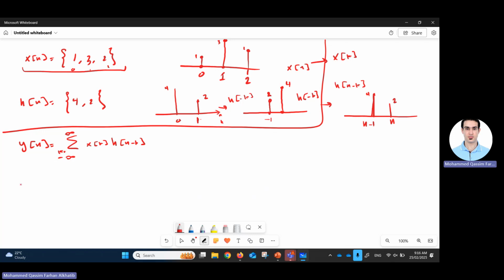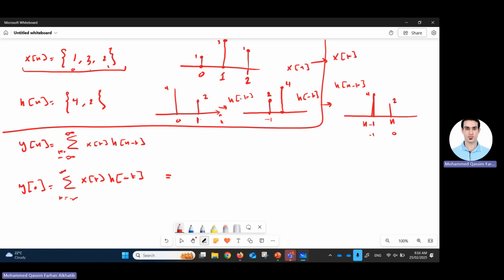So let's find y of 0. It equals the summation from k equal negative infinity to infinity of x of k, h of minus k, right? Now let's take all possible values for k. If you look at these graphs, at n equals 0, this is at -1 and this is at 0.